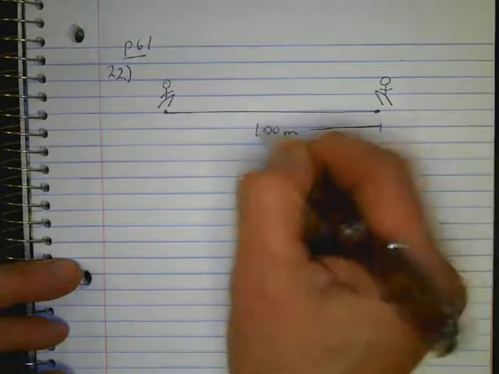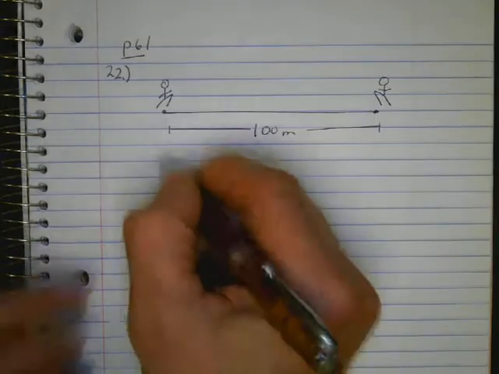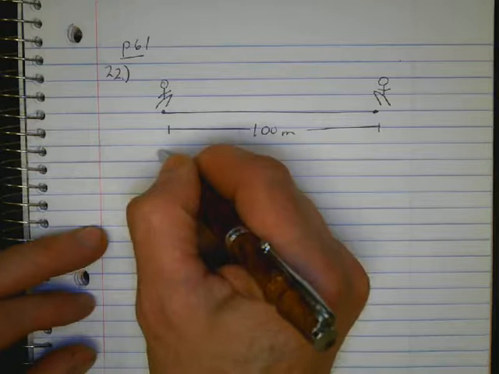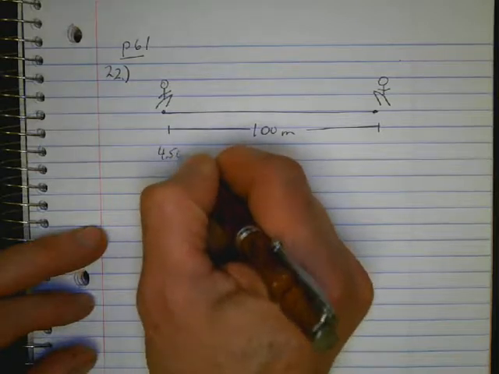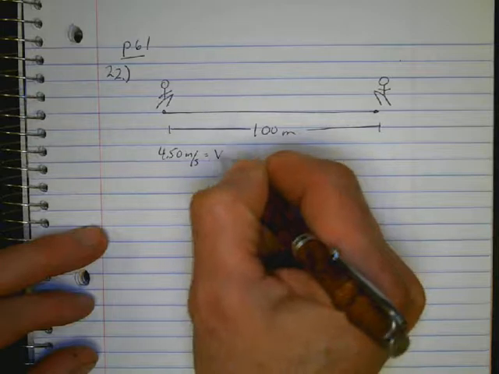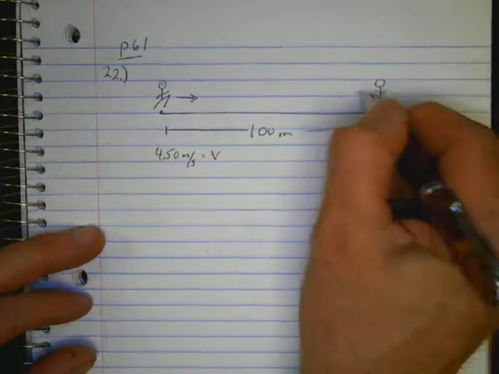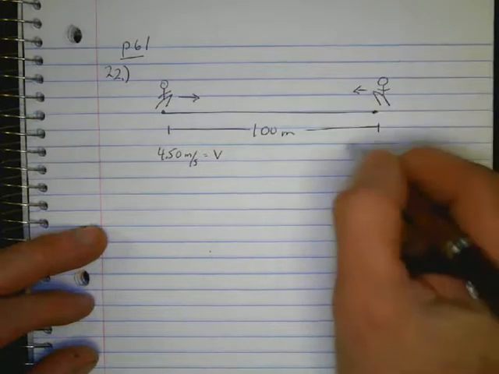So runner 1 is going 4.50 meters per second. That is her average velocity. And runner 2 is going in this direction at an average velocity of 3.50 meters per second.